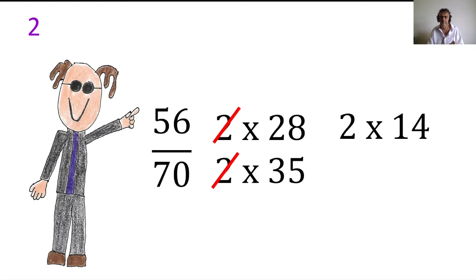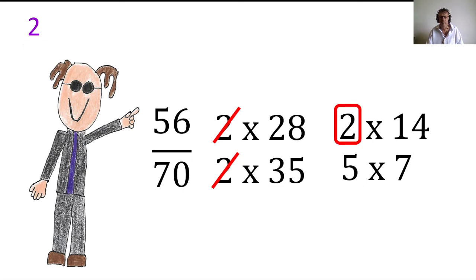It cannot be divided by 3, but it can be divided by 5. If you remember when we were doing prime and composite numbers, anything ending in a 5 is divisible by 5. So we divide by 5, and it gives us 5 times 7. Are there any common factors there? No.